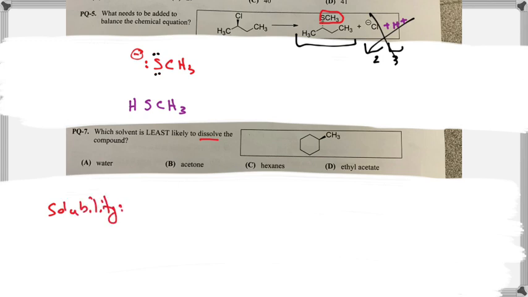Like dissolves like forces. Which means I need to look at the compound given to me, because that's my known, and say, what are the forces? Okay, how do I identify forces? By identifying the bond types within it.